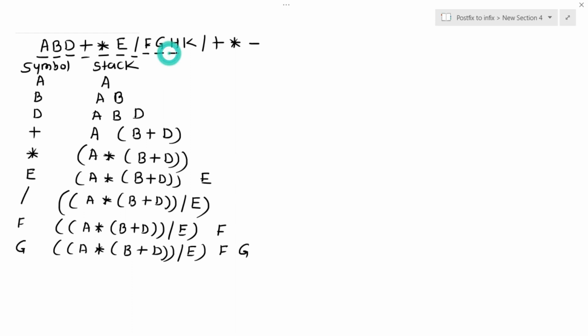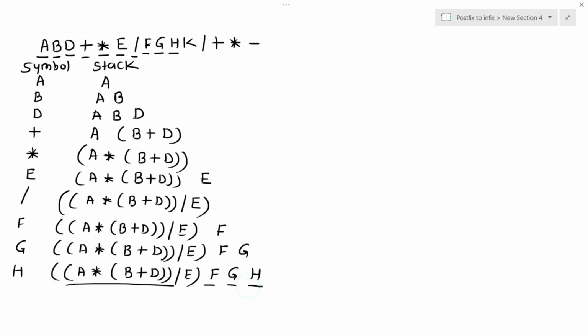Then we have H. So here we have the same, F, G and H. Now we have four operands. This is the first one, second, third and fourth. The next symbol is K. Write down the same, just add K at the top of the stack. F, G, H, K.